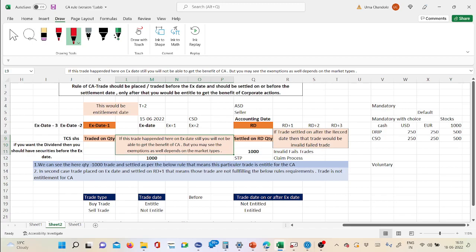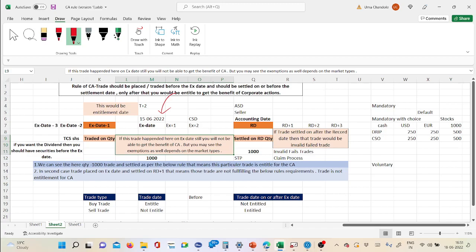We have this example. Let's say the ex date is this, and you place the request right on the ex date, and the security gets settled on the actual settlement date. The position has been settled, but still your positions are not entitled to get the benefit of the corporate action. Why?